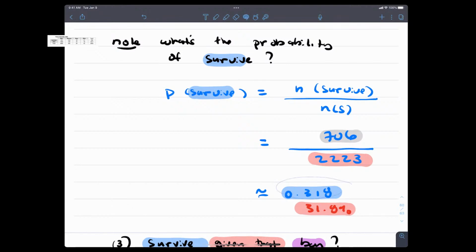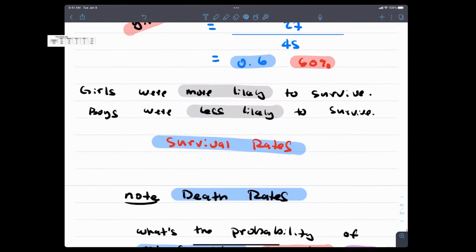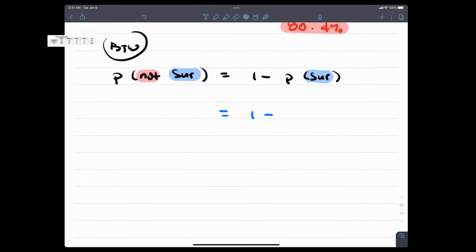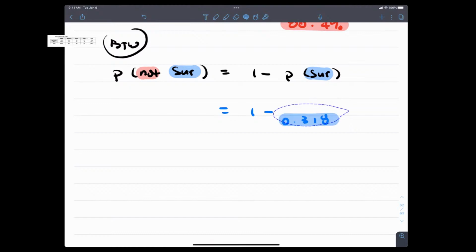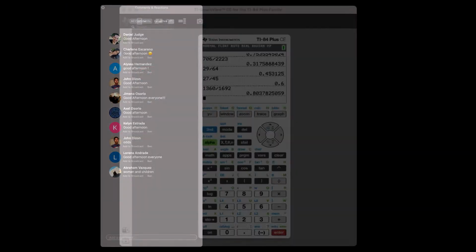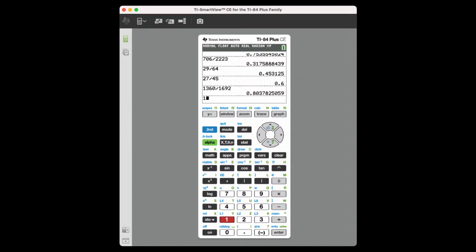So if I know this, I can use the complement rule here to find the probability of not surviving. That's 1 minus 0.318. I want to go through these details just to review because they're all extremely important. 1 minus 0.318, ladies and gentlemen.